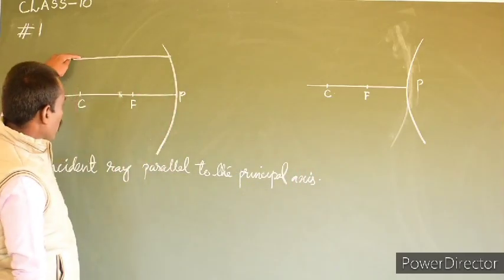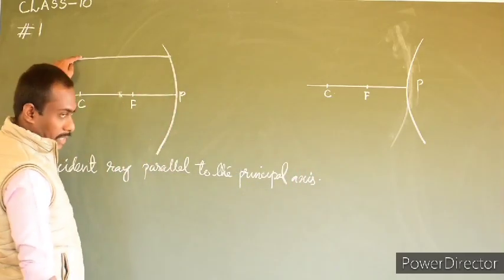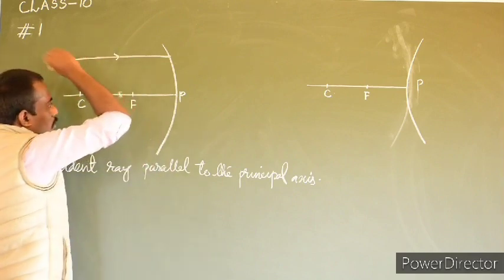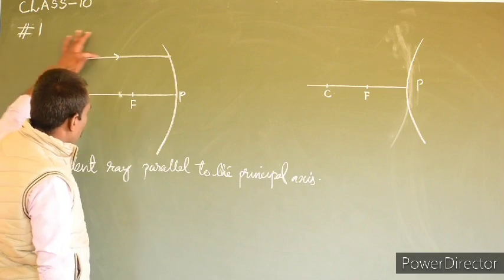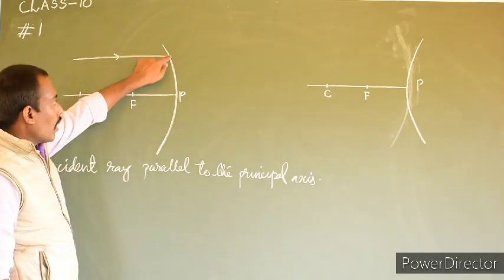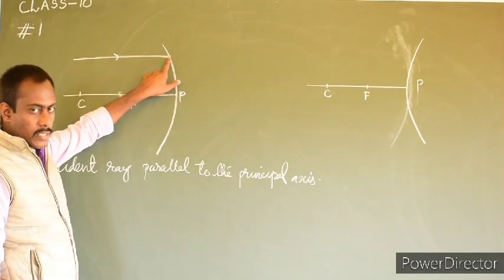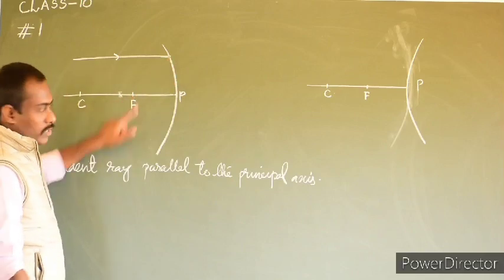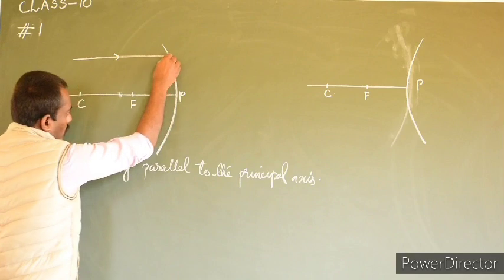So, for a concave mirror, an incident ray which is parallel to the principal axis, incident on the mirror, always reflects back through the principal focus. So, this will be the reflected ray.